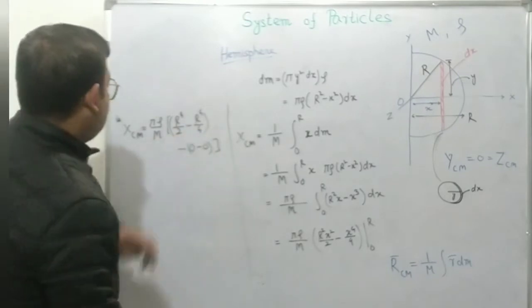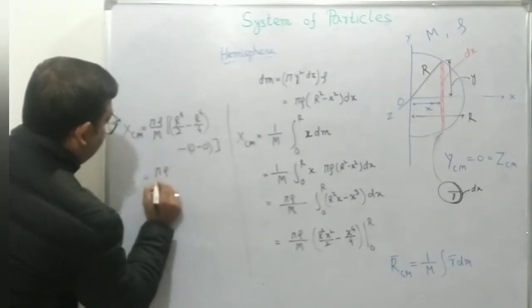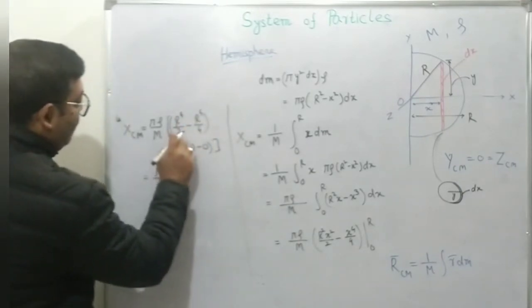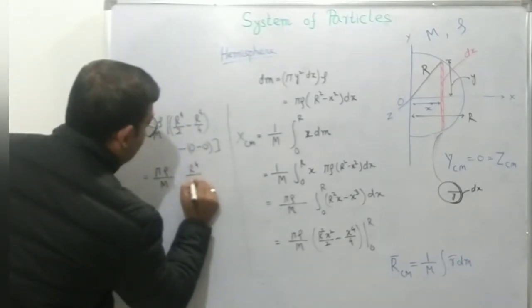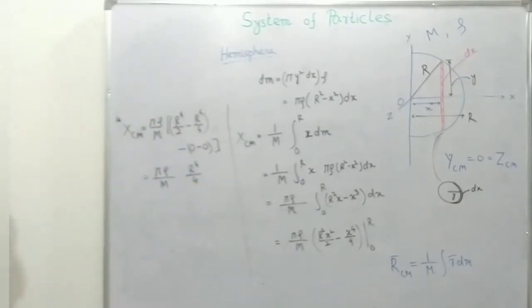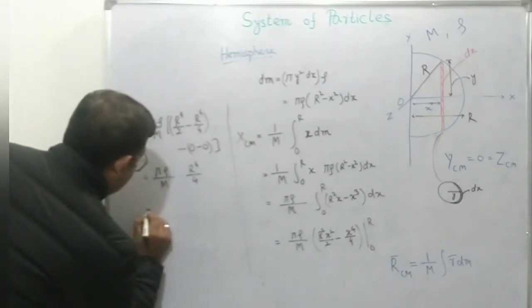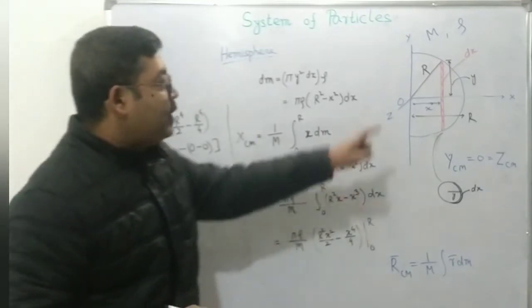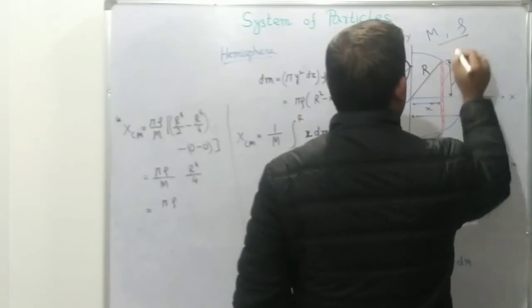So we are left with this term only, which will be pi rho by m, r to the power 4 by 2 minus r to the power 4 by 4. Fine. Which will be equal to pi rho. Now what is m? M is the mass of the hemisphere. In terms of density, how do we express mass of the hemisphere?